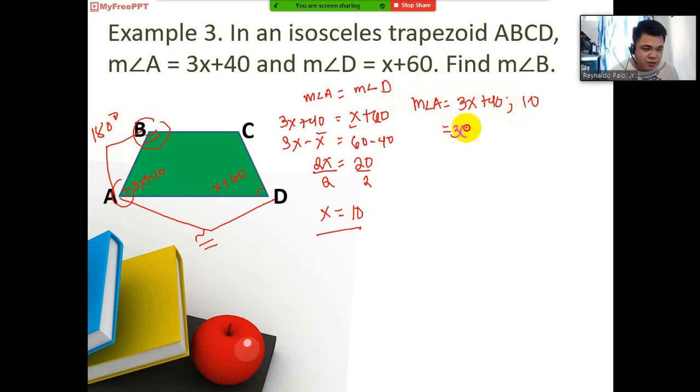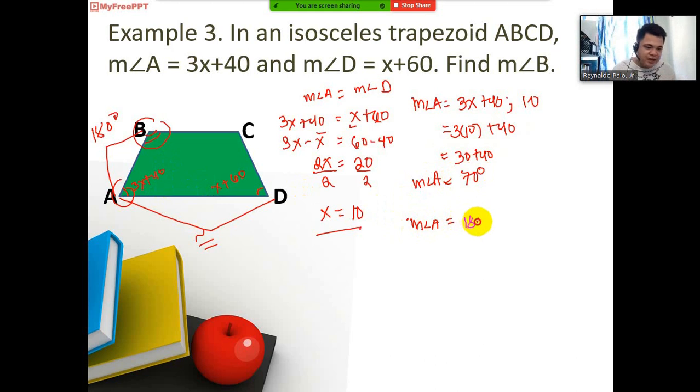Substitute the value: 3 times 10 plus 40. 3 times 10 is 30 plus 40, so the measurement of angle A is 70 degrees.